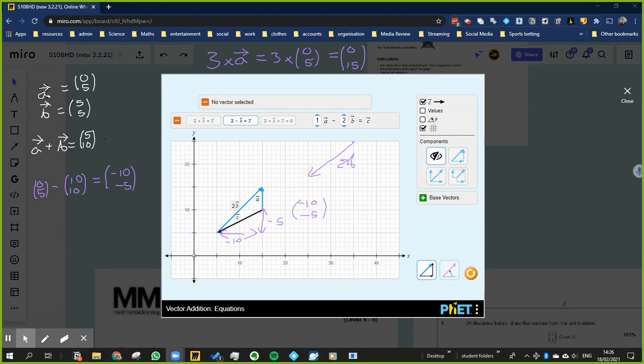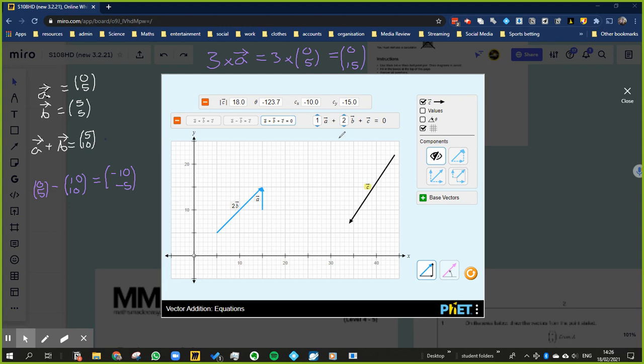Finally, we've got this situation. Let's look at this. I'll get rid of some of the values here. And what this is now saying is that if you were to add all the vectors together, then it would be equal to 0.